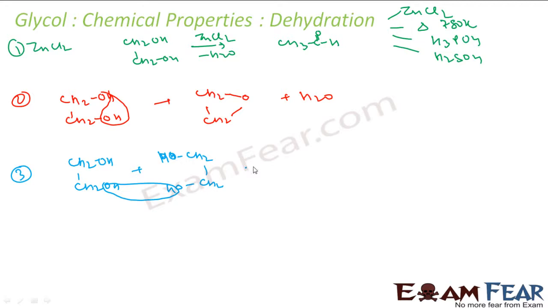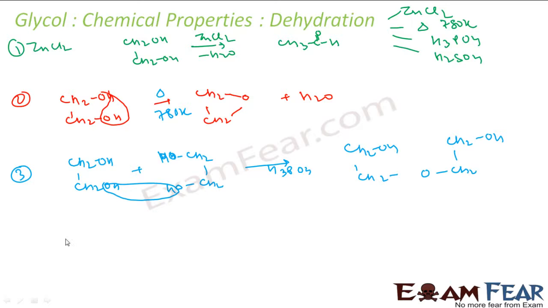If I use H3PO4 here, please remember I just use temperature 780 Kelvin. So with this, you again say minus H2O, and what you get is CH2OH, CH2O, CH2OH. Correct? This is what you get.